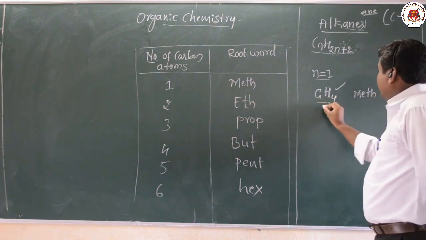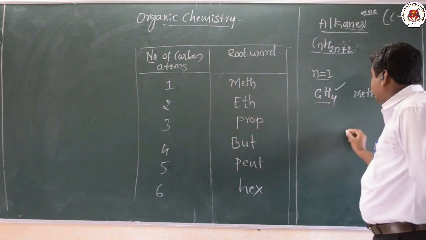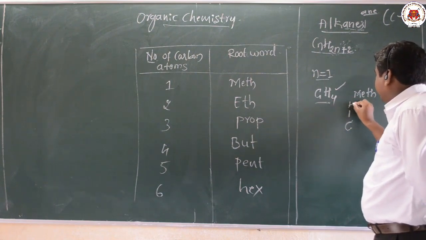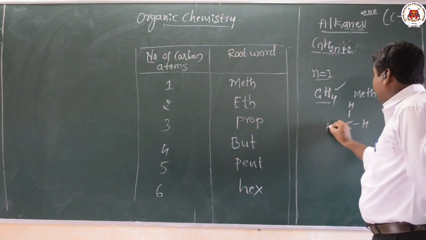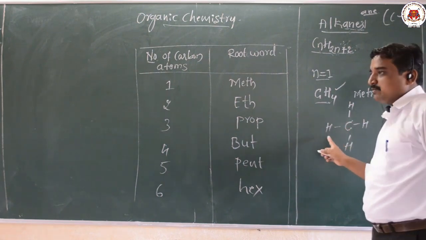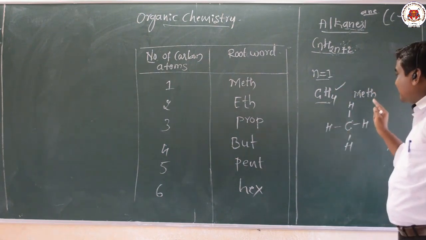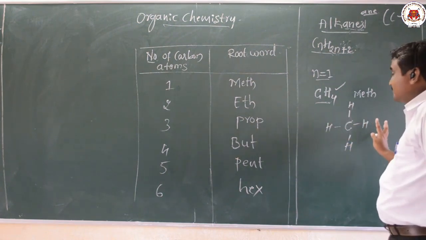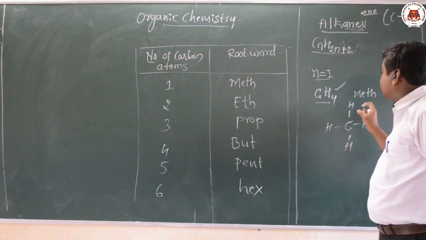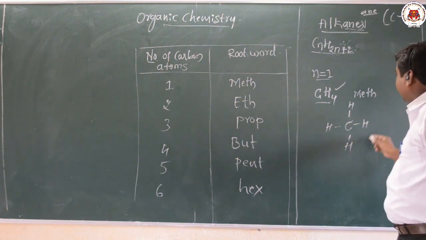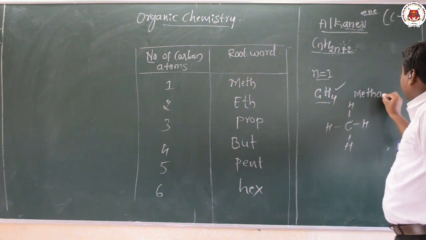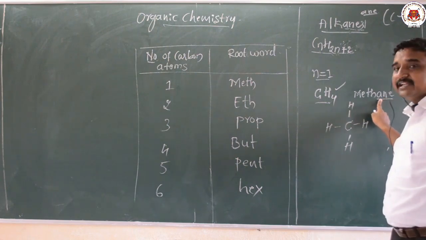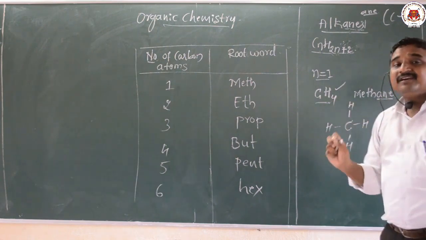Now I will write the structural formula for CH4: the carbon is bonded with 4 hydrogen atoms. By writing this structural formula we come to know that the carbon contains 4 hydrogen atoms, and there is a presence of only single bonds, so for that reason the name becomes ANE. I already told that ANE indicates that the compound contains only single bonds.